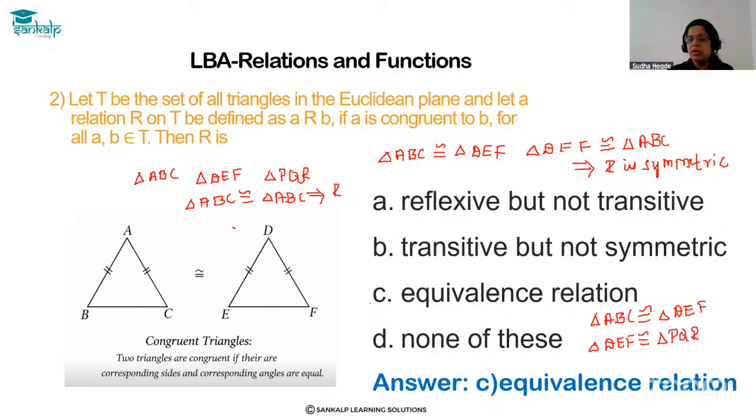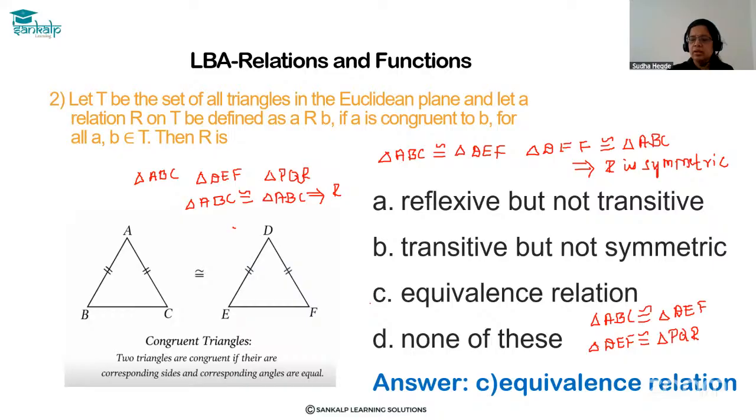Okay. So if triangle ABC is congruent to triangle DEF, that means corresponding angles and sides of ABC must be equal to corresponding sides and angles of DEF.